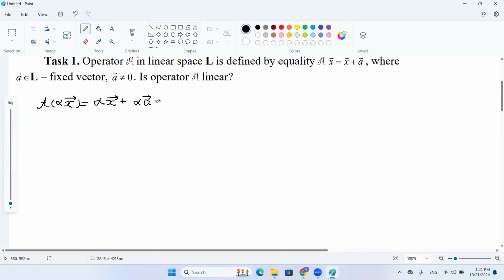And actually it equals alpha multiplied by A of x. So we can move this scalar multiplier out of the operator. But that's not enough. Now let's check additivity.